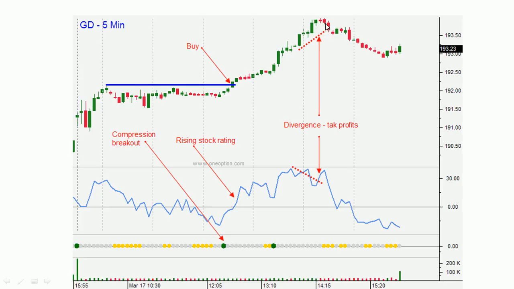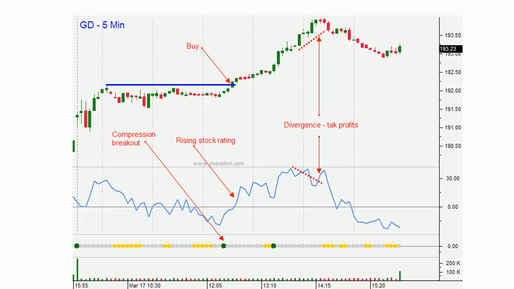Now I want to point something out at the very top here. You can see how the price has continued to rally. However, you can see that the stock rating is starting to falter. The rating is very dynamic, and it is constantly measuring the internals of the stock in addition to the price movement.